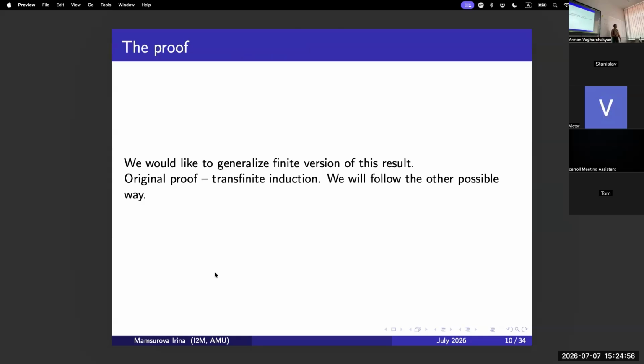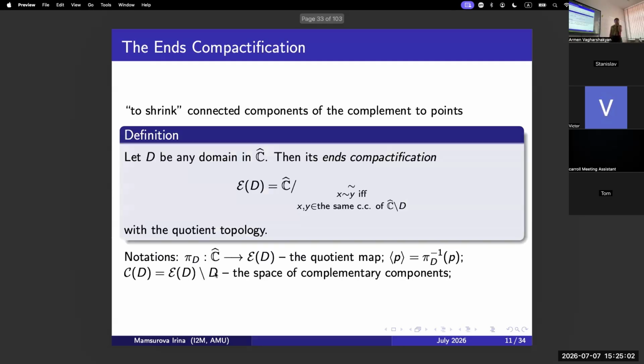I call it compactification, but it's not compact in the same sense as the Riemann sphere. We can do the same for the plane and then it will not be compact. Yes, it's called compactification, but actually it's not. Thank you, it's a good question.